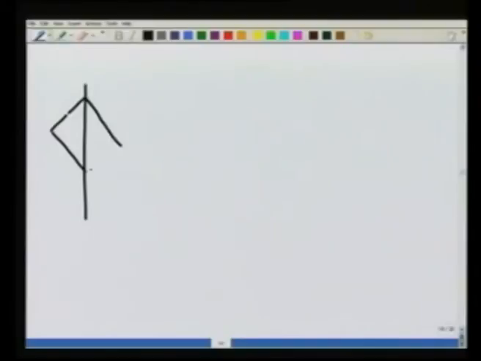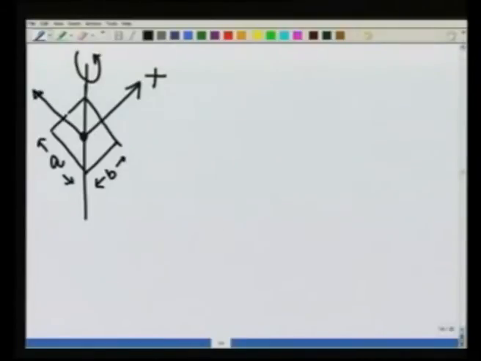Let us now take another example that we did last time, that of a rectangle rotating about its diagonal. The length of the rectangle is a and the width is b. Let us take our origin to be its center. Then it is easy to see by symmetry that these are the principal axes. Let us call this the x axis, this the y axis, and the z axis is coming out of the plane.